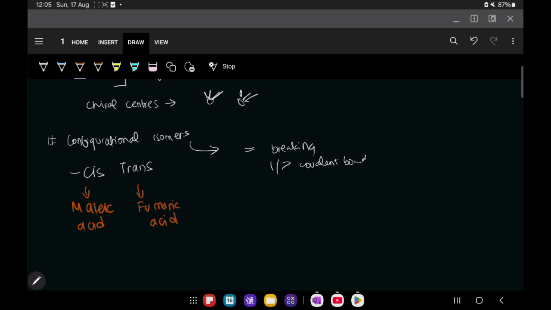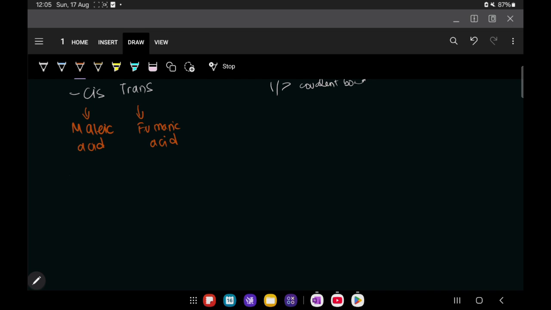Okay, so if you look at the structure, it's something like this, and fumaric is, there's like a flip here at one end. So for this to interconvert into each other, it would have to break a bond.